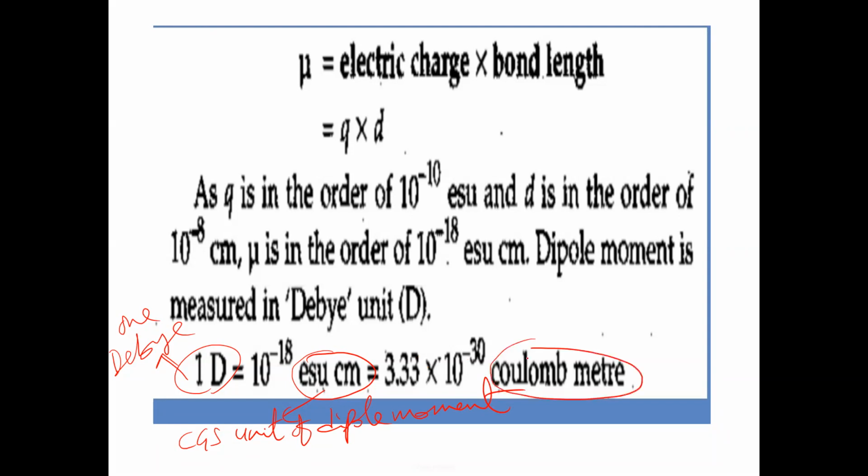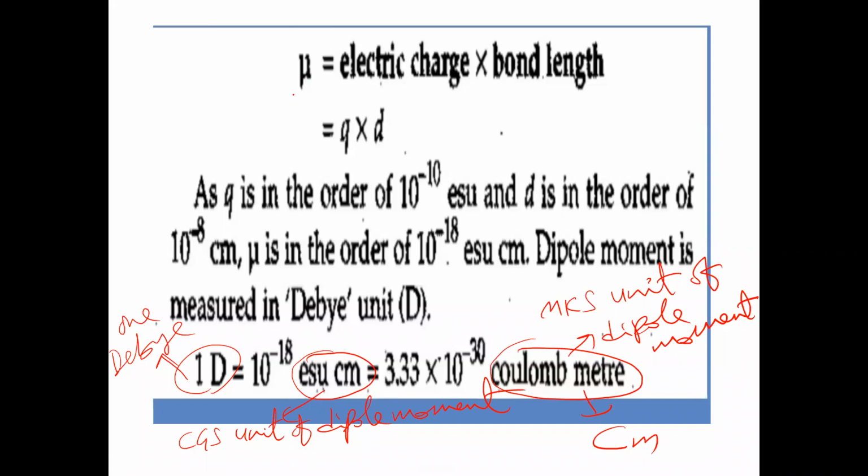Capital C, small m, I told you. Coulomb meter is the MKS unit of dipole moment. For dipole moment, the MKS unit is Coulomb meter and the CGS unit is ESU centimeters. Remember. Is that clear now?